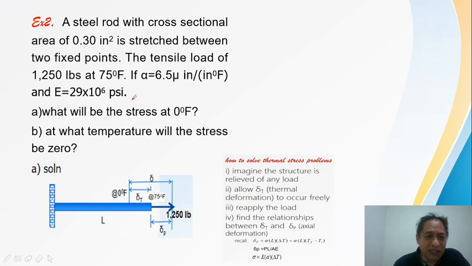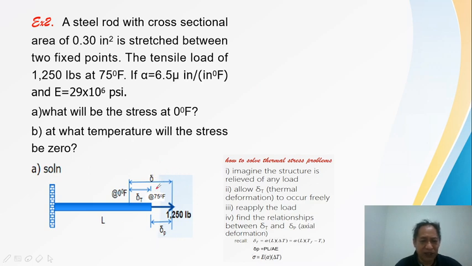But when the temperature is dropped to 0 degrees, this is also accompanied with thermal deformation. So there are two deformations taking place: the deformation due to temperature and the deformation due to axial stress, or due to the direct load. Question, what is the stress to form these two deformations?